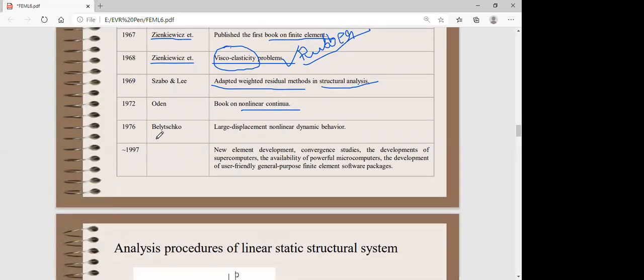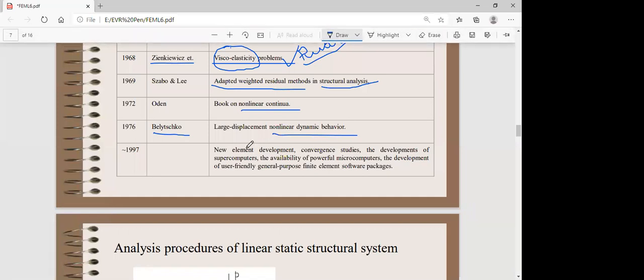In 1976, Pelly Stokes worked on large displacement, nonlinear dynamic behavior problems. From 1997 to this time, these are the progressions.